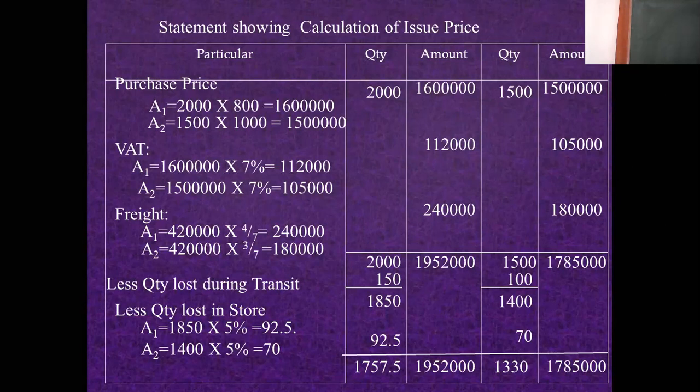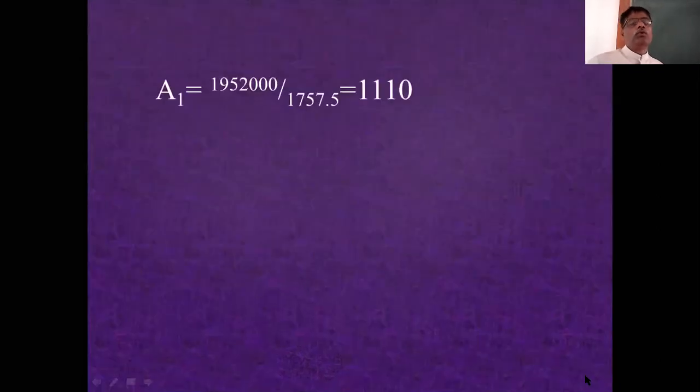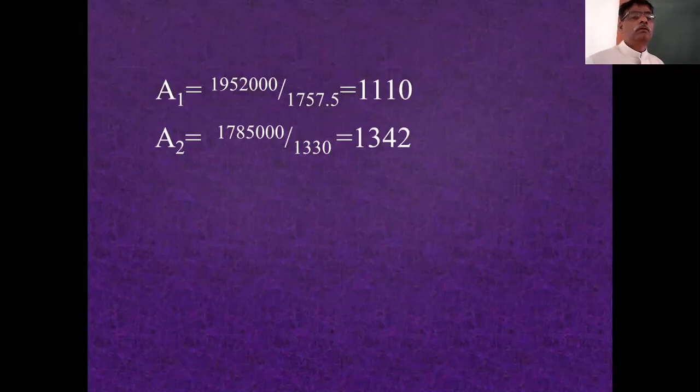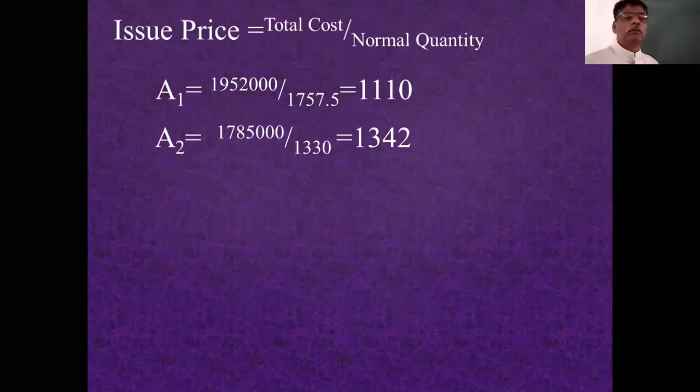Okay, normal quantity. Then you calculate issue price. Issue price is equal to total cost divided by normal quantity.